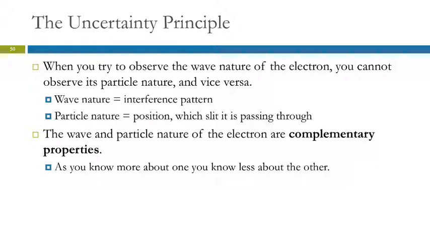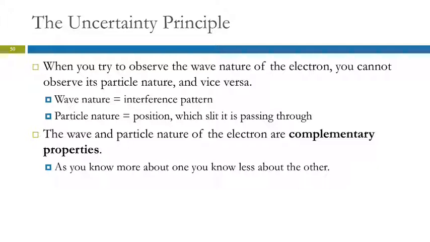We observe its wave nature as the interference pattern in that double slit experiment. We observe its particle nature if we observe which slit the electron is passing through. And we can do that by shining a laser on there, and we can see which slit the electron's going through. But when we do that, it's kind of the two universe thing with the Schrodinger's cat.